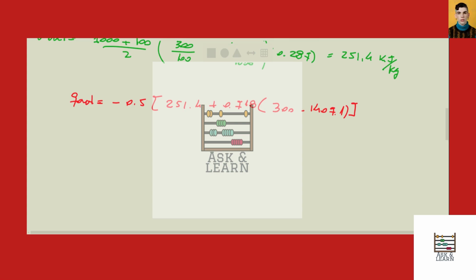And if we calculate all this, we find that the output heat, or the heat rejected, is 271.7 kilojoules. Okay?